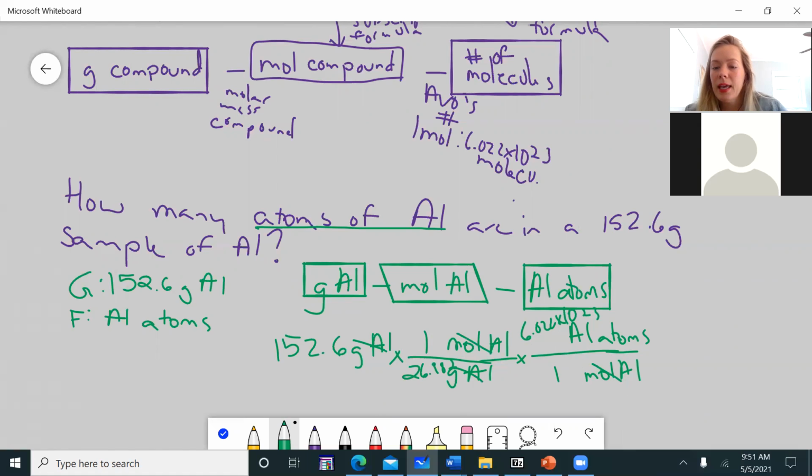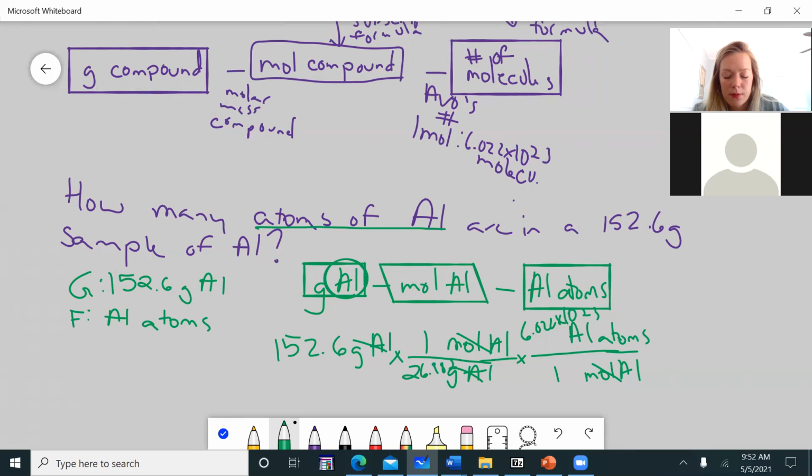This will allow the moles to then cancel. So anytime you're going from gram to mole, this is specific to whatever the material is, right? When you're going moles to atoms or moles to molecules, that is just a standard relationship with Avogadro's number.